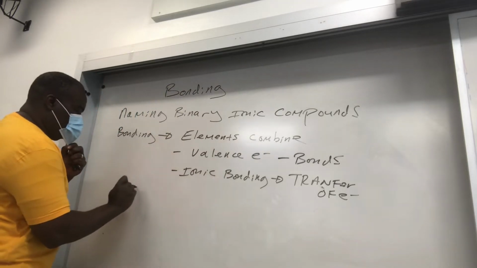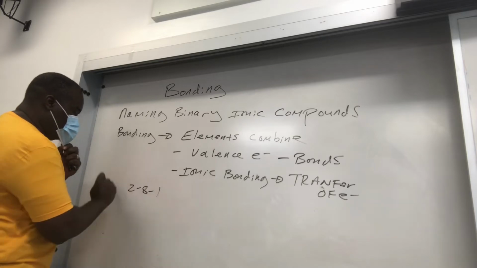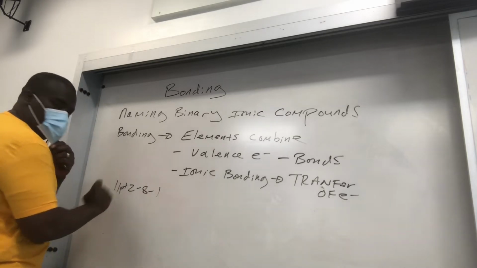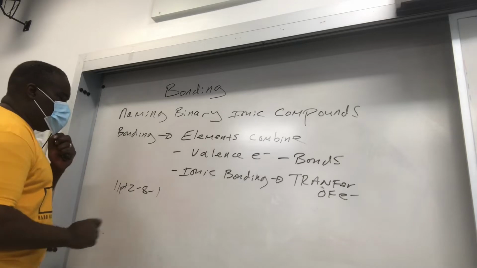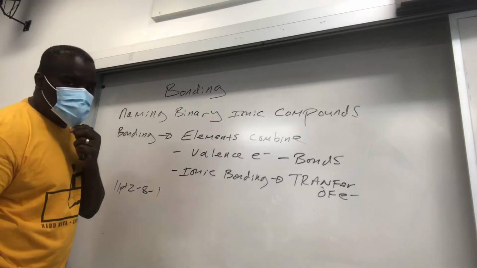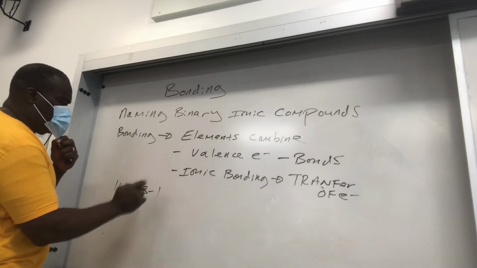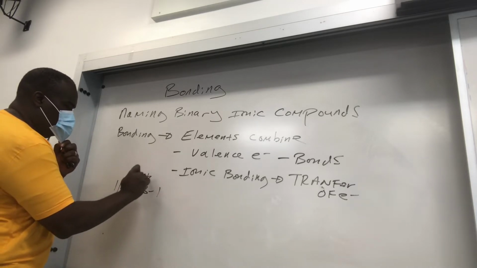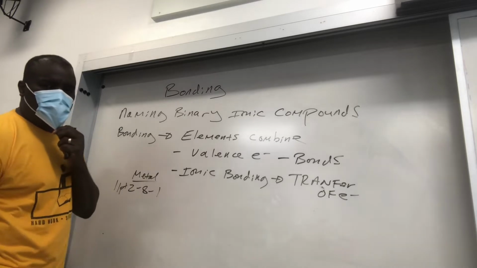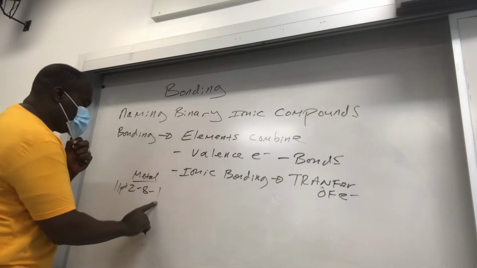Sodium has 11 protons. Okay, hopefully you guys can see that. Now we already did this, but let's redo it because it's important. It loses its valence electrons. Sodium is a typical metal in group 1, so it loses its 1 valence electron, okay?